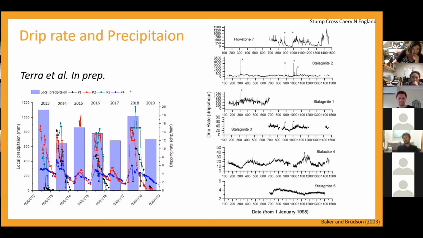So the problem is the dripping rate sometimes does not follow a straightforward relationship with the interannual variability of precipitation, because of the complex processes that take place in the epikarst and the karst reservoir. However, at long time scales, they are more related.